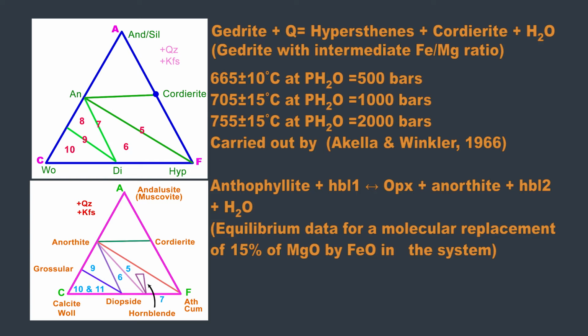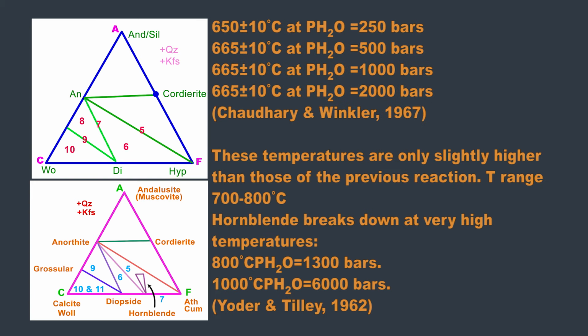Equilibrium data for a molecular replacement of 15% of MgO by FeO in the system: 650 plus or minus 10 degrees centigrade at P water equal to 250 bars, 665 degrees centigrade at P water 1000 bars, and 665 plus or minus 10 degrees centigrade at P water equal to 2000 bars, Chaudhary and Winkler 1967.